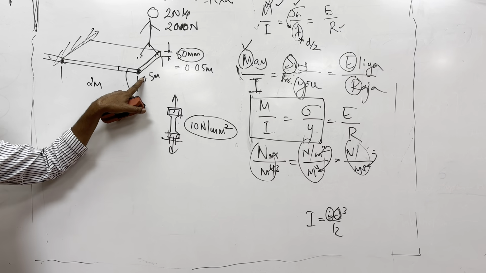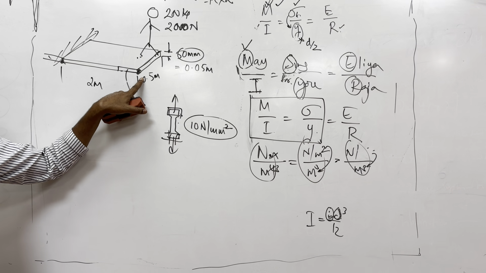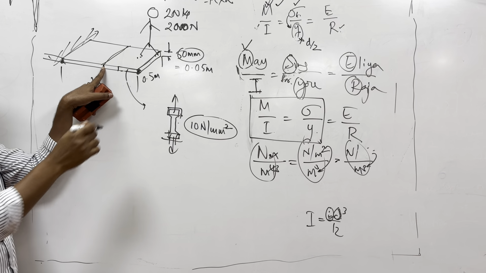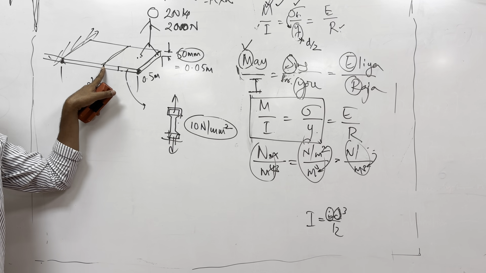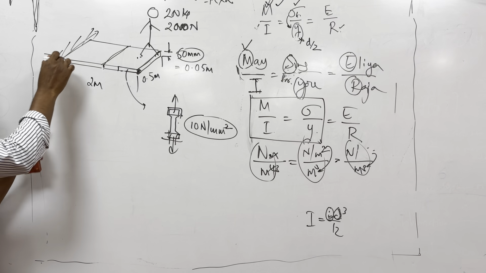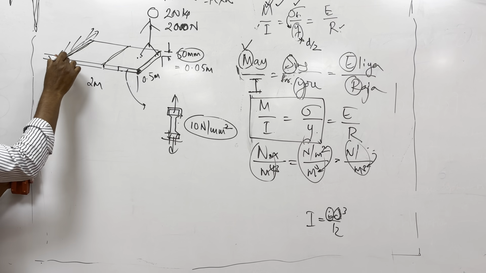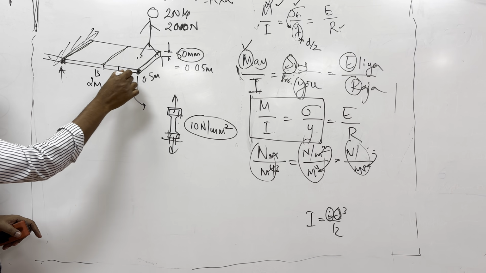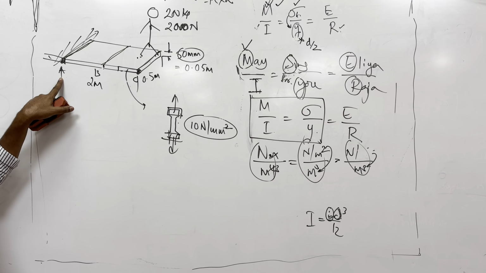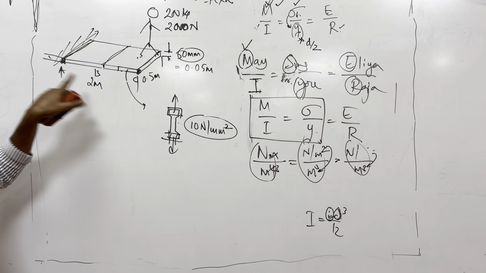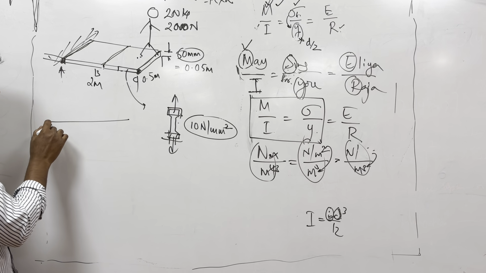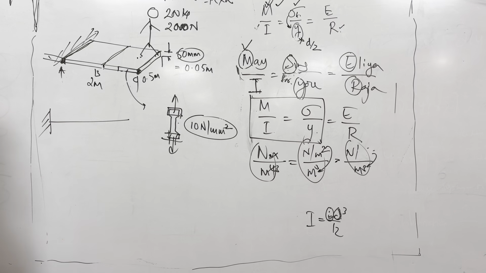How many feel that it will fail at this point? Now, failing at this point, this point, or this point, which has the highest chance of failure? A, B, C? A. That's by common sense.